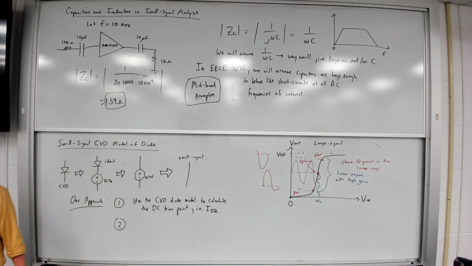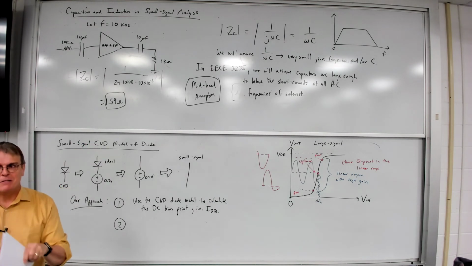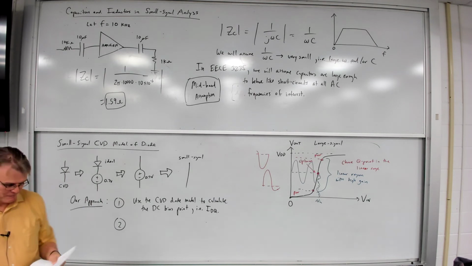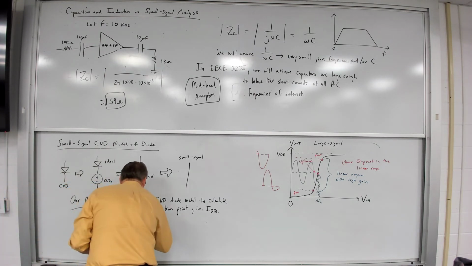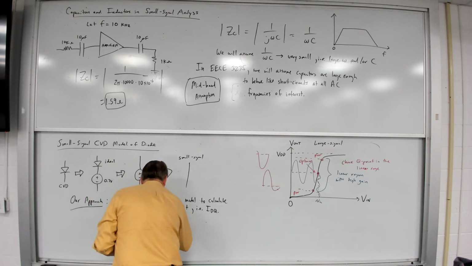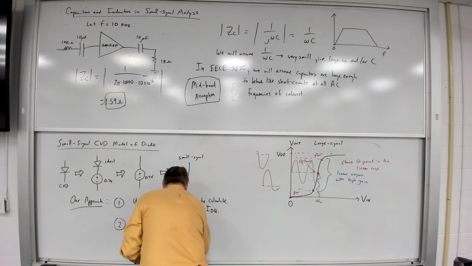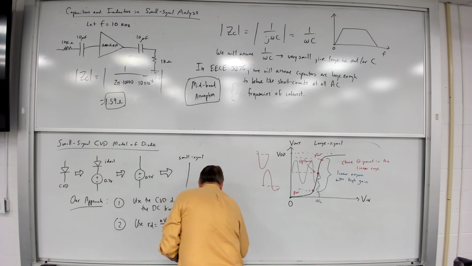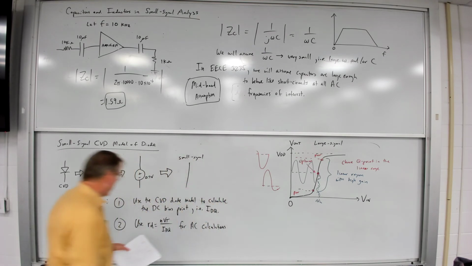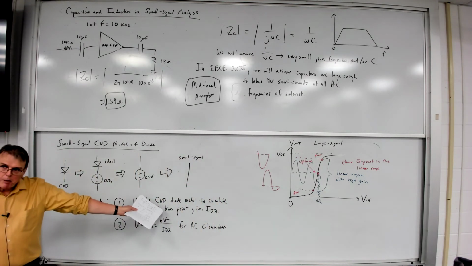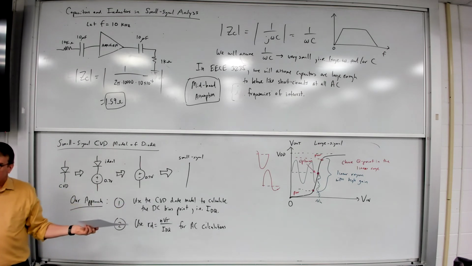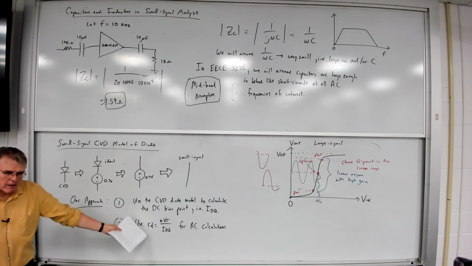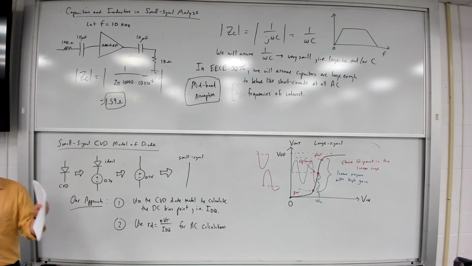For the AC, the small signal calculations, we're going to use the exact dynamic resistance equation we've already calculated. So I use a reasonable approximation for the DC calculations because it's easy to use, and it's only a few percent off. But for my AC calculations, there's no reason why I can't use the exact dynamic resistance model.